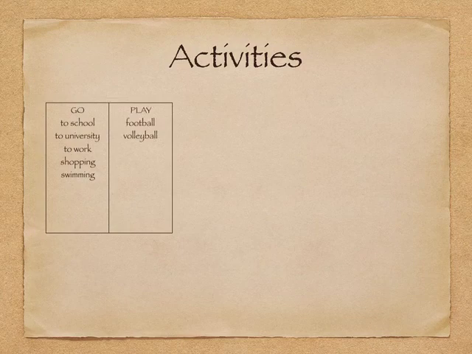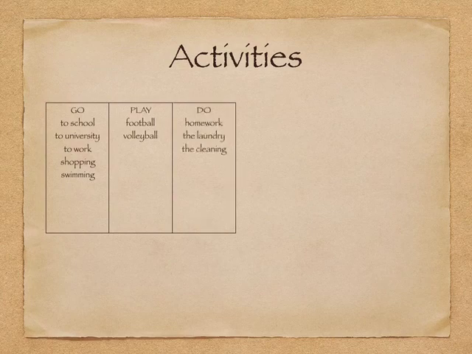I think most of you already know how to use the word play here. For example, play football. The word play is usually used for activities related to sport. So you can say, for example, play football, play volleyball, play basketball, etc.